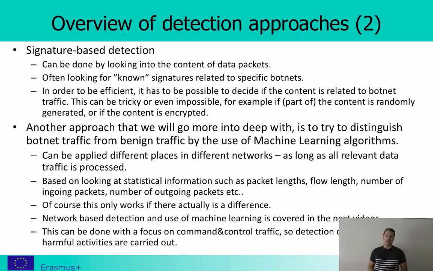It's a hard task to do, and especially it's hard if the content is encrypted, or if you're looking for something which is not yet known. So it suffers from some of the same shortcomings as the host-based. But of course, since it's working in the network, you don't have to install it on all different kinds of devices, and it's easier to ensure that it's updated, especially if you are in a professional organization.